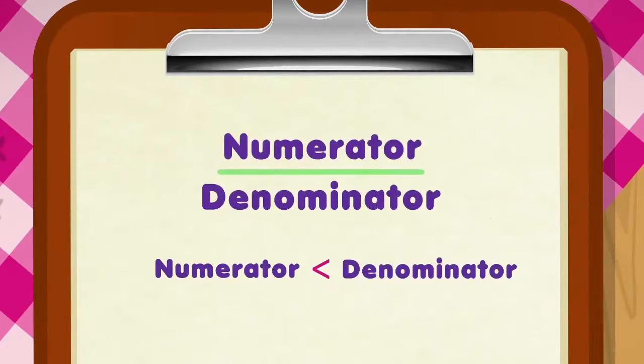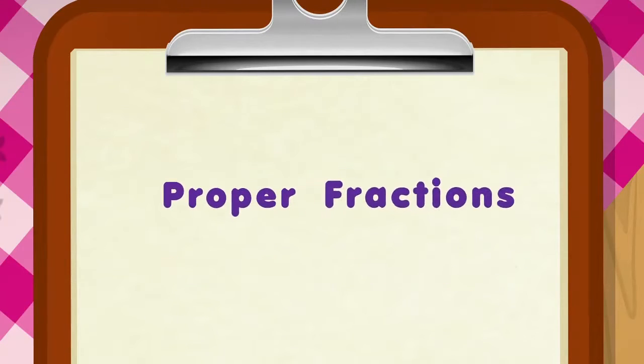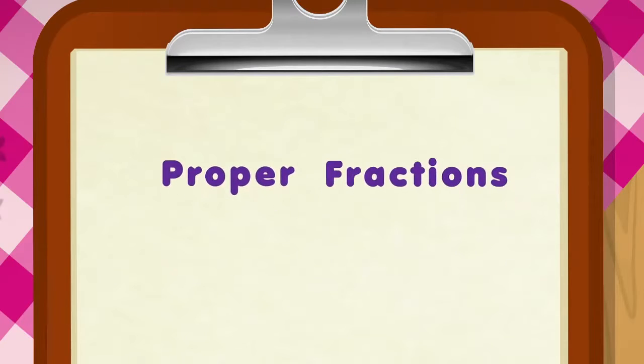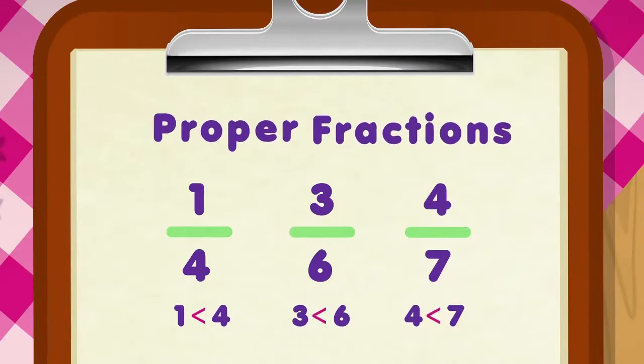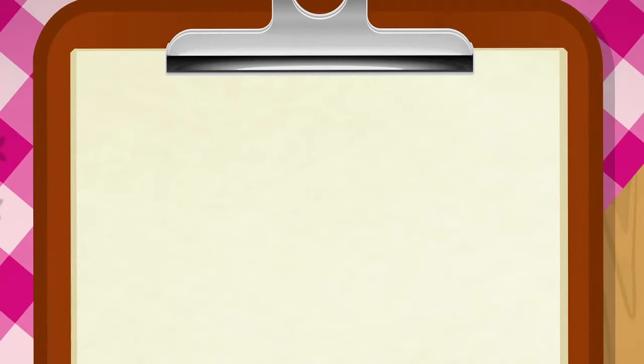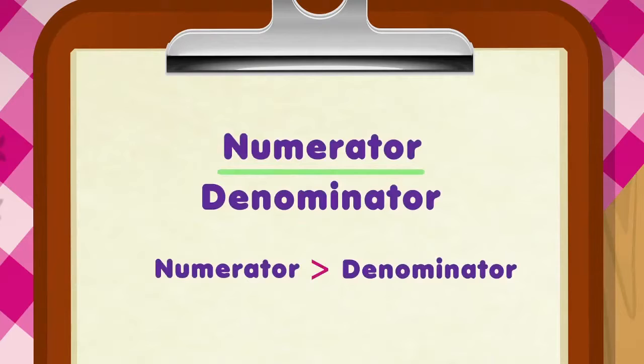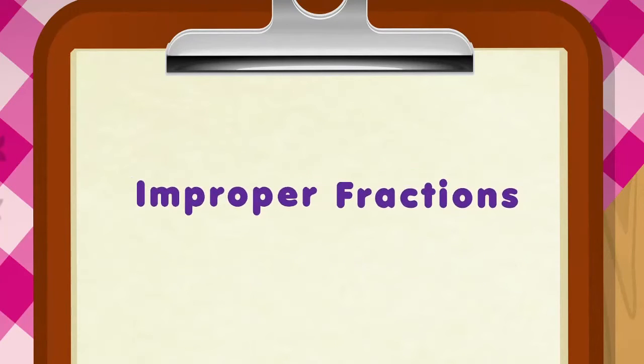A fraction in which the numerator is less than the denominator is called a proper fraction. Examples: 1/4, 3/6, 4/7 are proper fractions. A fraction in which the numerator is greater than the denominator is called an improper fraction.